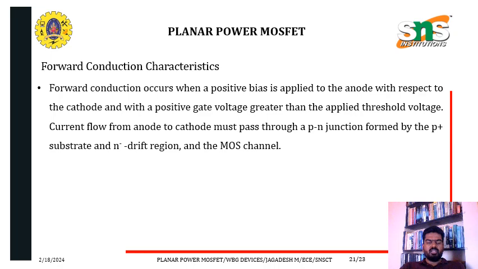Forward conduction occurs when a positive bias is applied to the anode with respect to the cathode, with the gate voltage greater than the threshold voltage. Current flow from anode to cathode must pass through a PN junction formed by the P plus substrate and the N minus drift region, and the MOS channel.